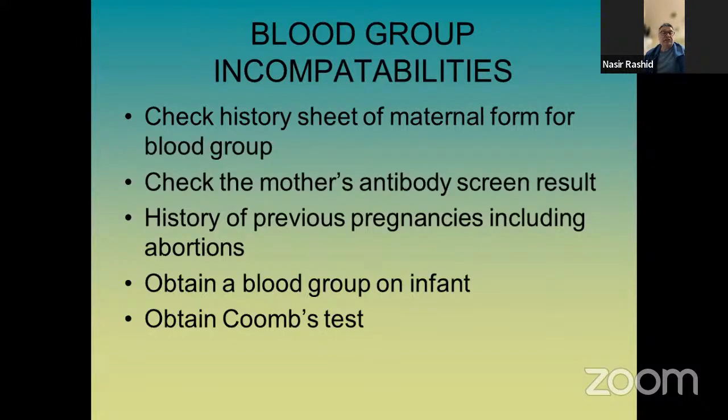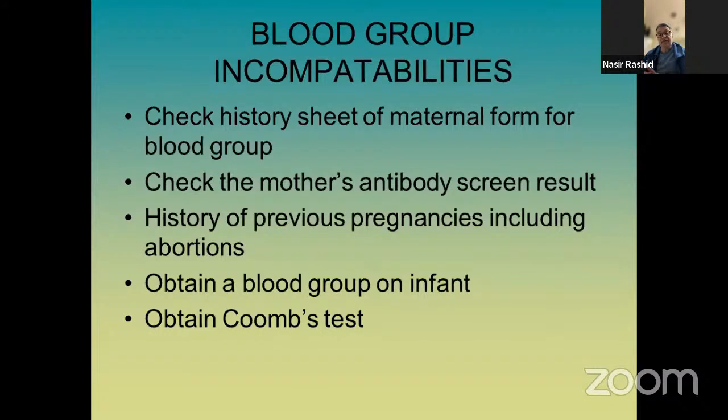Did she have any history of previous pregnancies? Because a mom who is O positive or has Rh incompatibility, the antibody load gets bigger and bigger with each subsequent pregnancy. Even abortions can increase the load of antibodies in the maternal circulation. Once you know the mom's blood type, then you do the infant's blood type and you can do a Coombs test.